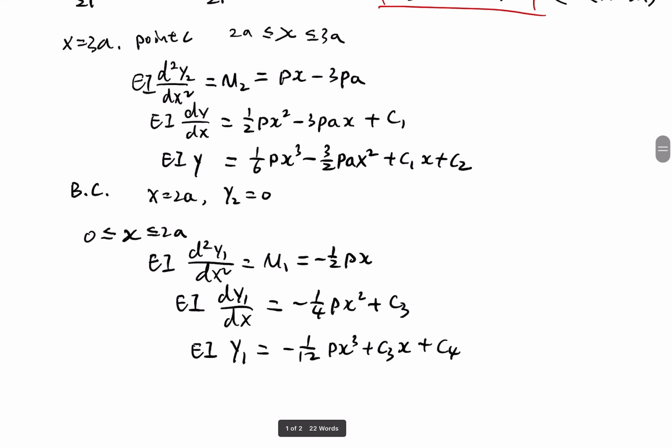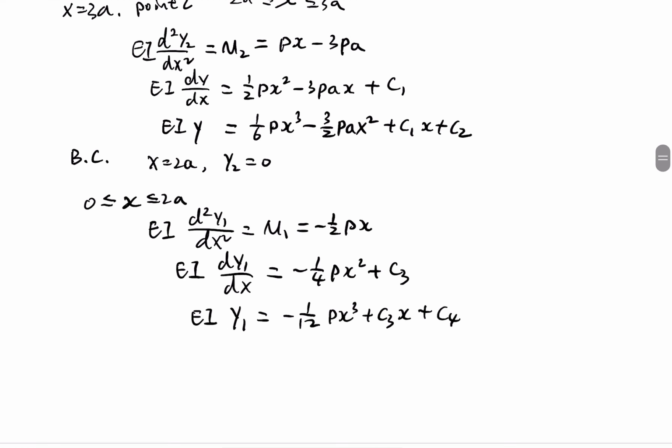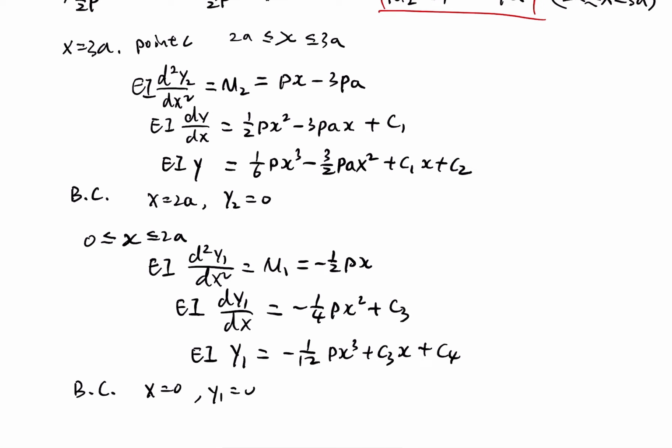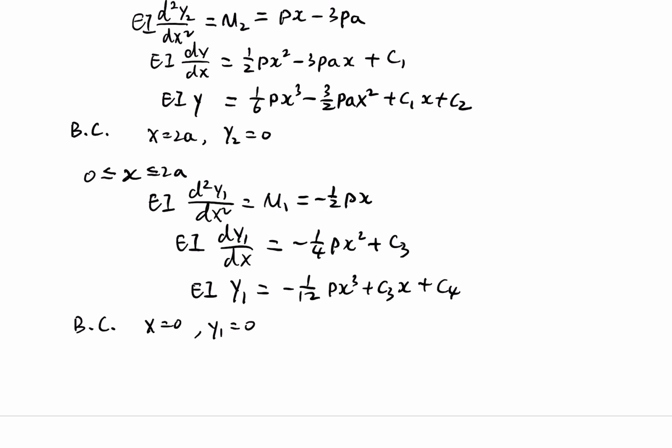These two boundary conditions can help us solve C3 and C4, but we need two other conditions. So we have three boundary conditions in total, but we have four unknown constants. So now we need other conditions.